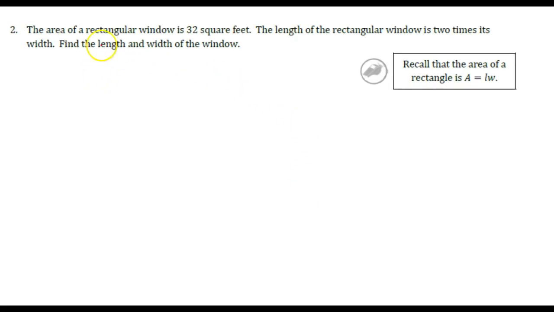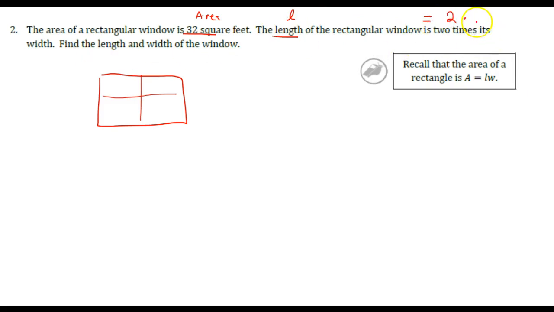Alright, so here's another problem where it says area of a rectangular window. So my rectangular window is about 32 square feet. And the length of the rectangular window is 2 times its width.